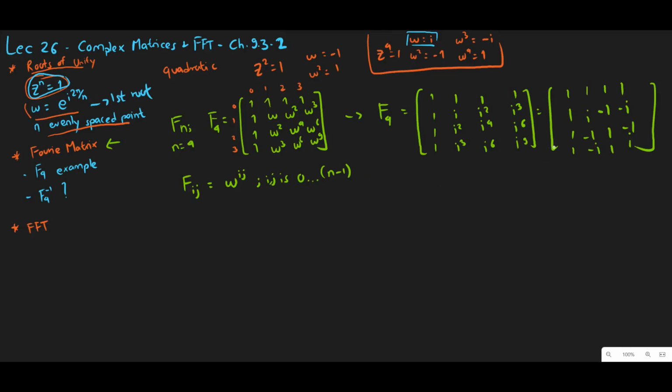Then notice that the columns are orthogonal to each other. So for example, this and this are orthogonal. Columns 1 and 2 are also orthogonal. 1, minus 1, 1, minus 1. This should be minus, I'm sorry. i to the 6, yes, this should be minus. Right?